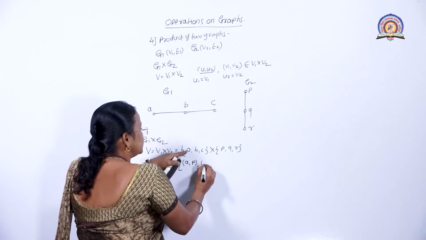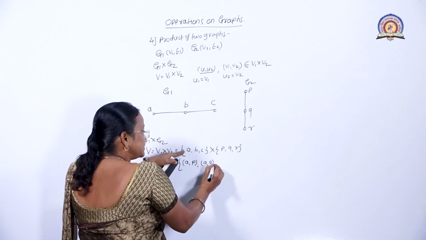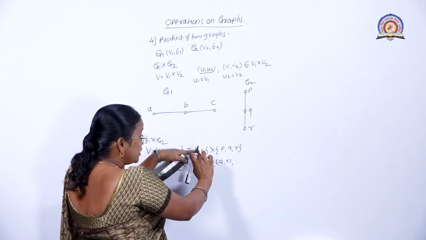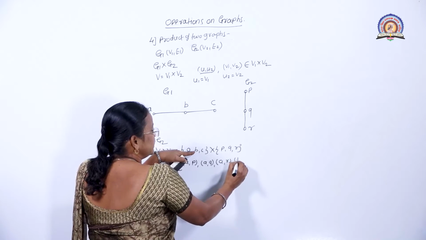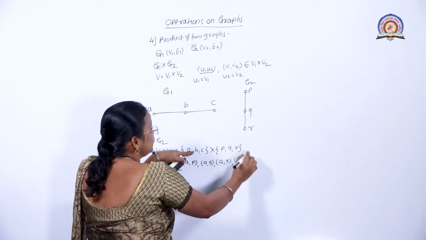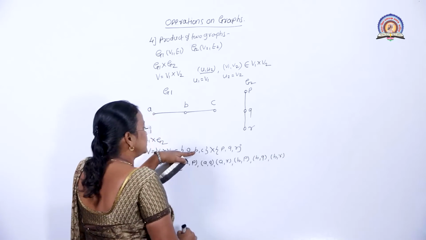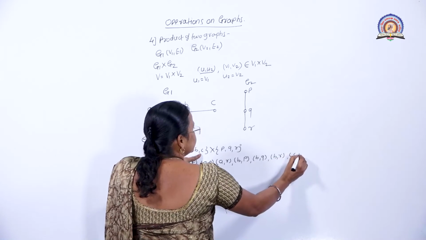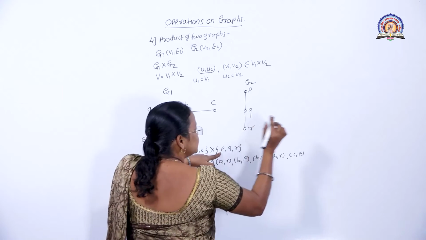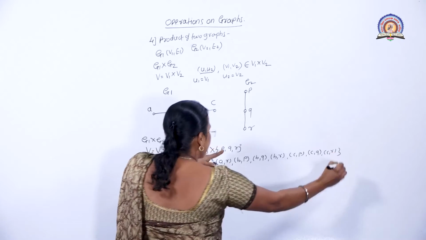We keep the first element fixed and consider the remaining elements in the second set, that is AP, AQ, AR. Again take the second element in the first set, that is B: BP, BQ, BR. Next one, CP, CQ, CR.